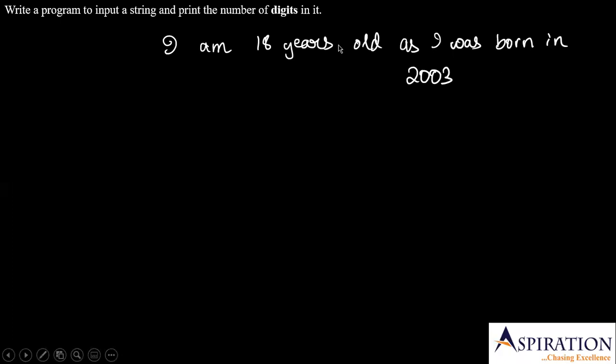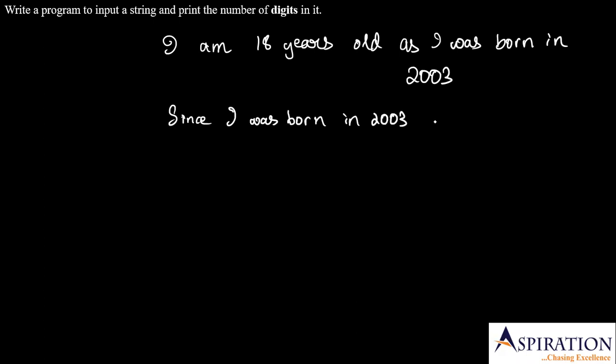So we have 6 characters here. That is a digit. एक और सेंटेंस हो सकता है since I was born in 2003 I am 18 years old now.